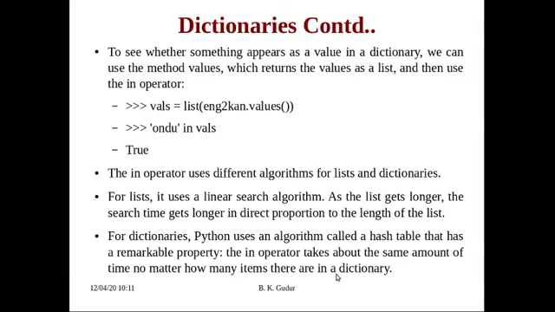Whether a dictionary contains 10 items or 1000 items, irrespective of the number of items, the in operator takes the same amount of time to access any element. This is because it uses a hash table; the search algorithm is implemented using a hash table.